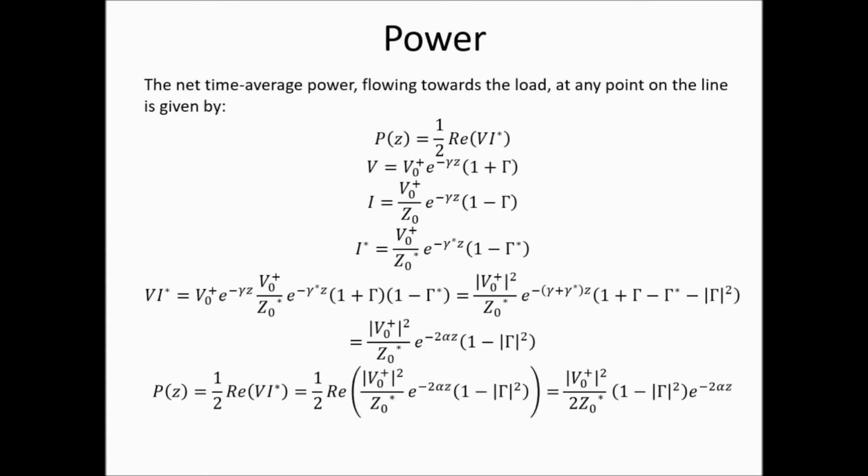Now this is the formula for finding power. Power is equal to half V I conjugate. As you know, we have V equal to this and I equal to this, so I conjugate will be Z naught conjugate, e to the gamma z conjugate, and the reflection coefficient conjugate. If you use this formula, you will come up with a very complex formula.